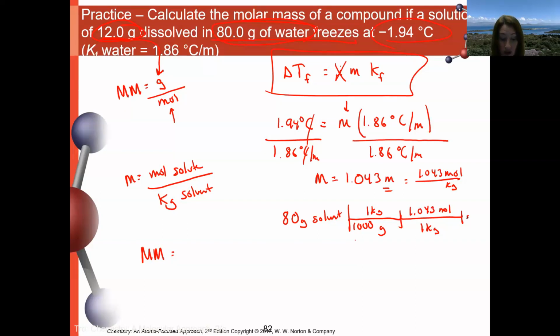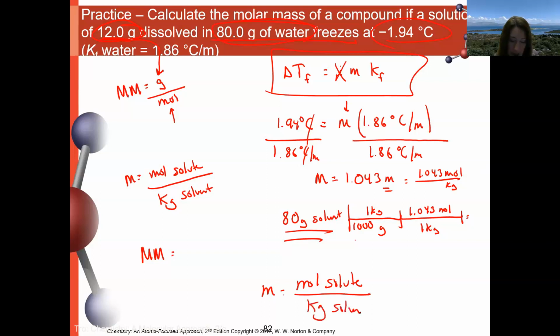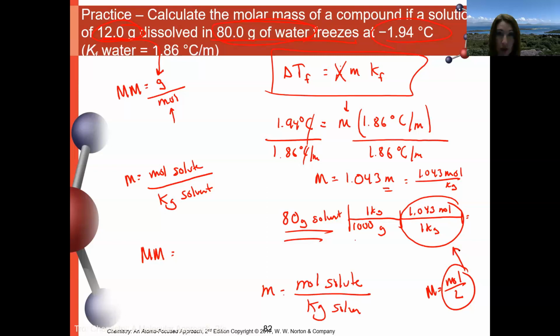So it's just a unit conversion, understanding that's my solvent. And remember that baby m means moles solute over kilograms solvent. So do you remember when we used, and we still always use, molarity? We said molarity is moles over liters, and then we put it into a unit conversion.